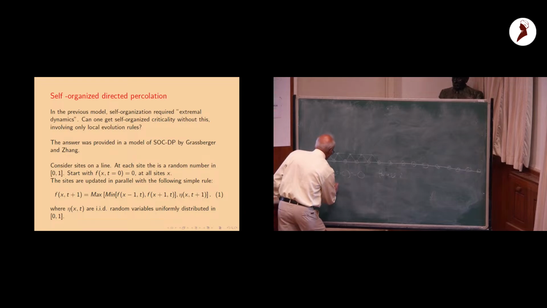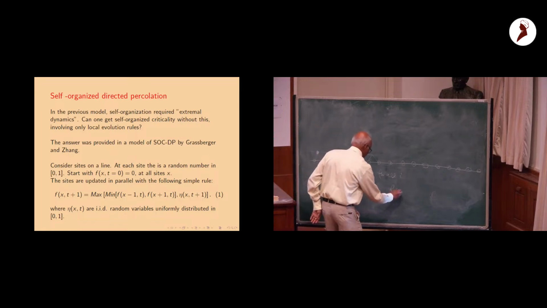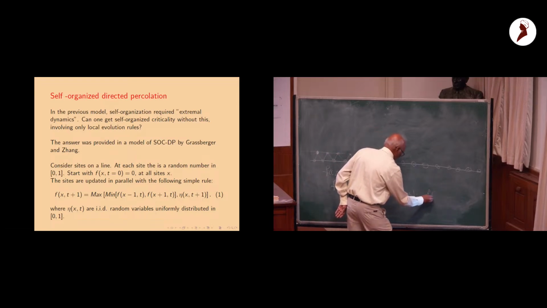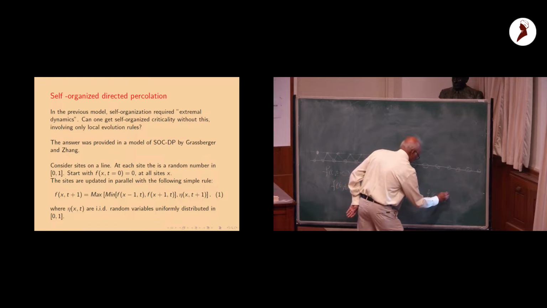Okay? So f of i at t plus 1 is equal to f of i minus 1 at t and f of i plus 1 at t.